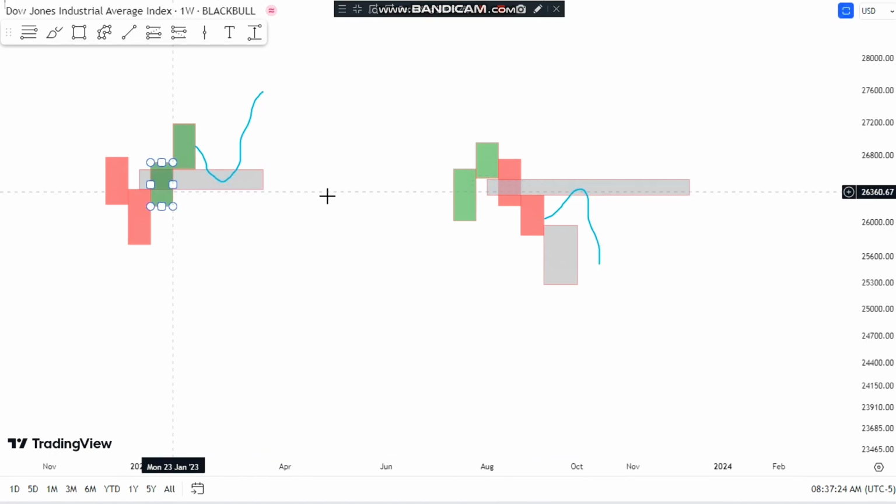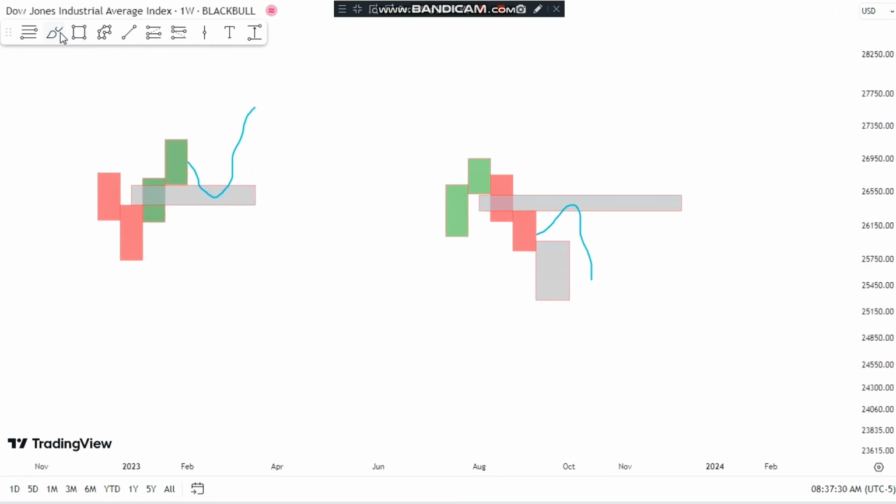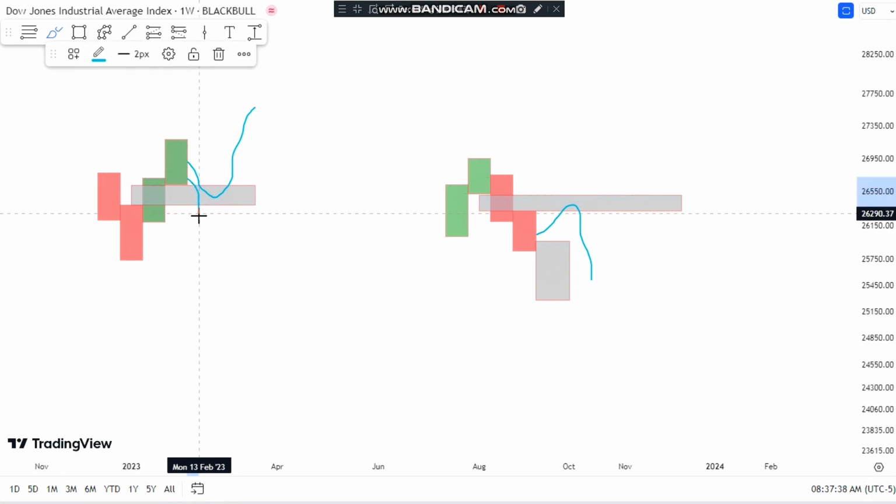Okay, this fair value gap will be retested sooner or later. Now this is order block, and another thing is that what is breaker block? So breaker block is invalidated order block. Like in this case, the price is supposed to pump from this fair value gap, but what happens is that sometimes the price goes down below it, closes below it, and then it retests this fair value gap and the price goes down.